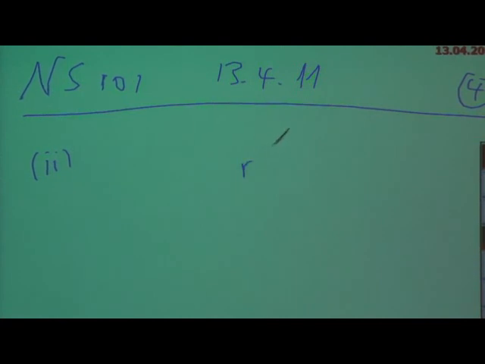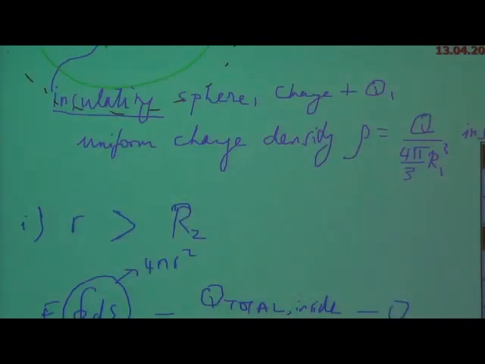Suppose R is between R2 and R1, then E times 4 pi R squared will be just Q inside over epsilon 0. Let me go back to the picture on the last page.